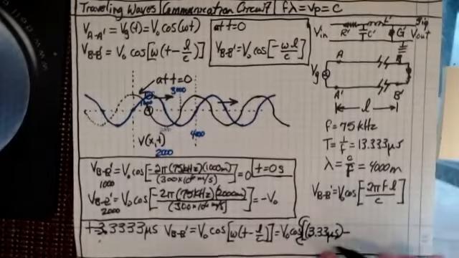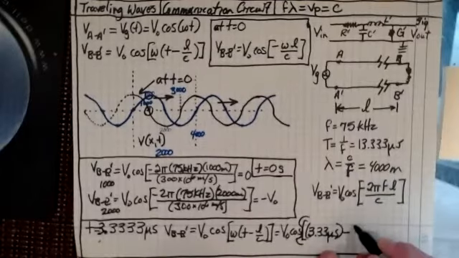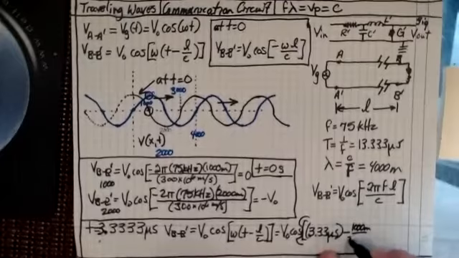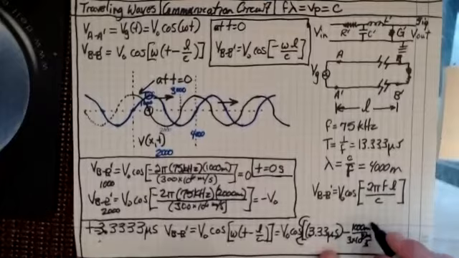Because I've got to multiply this by omega. Minus L, which is 1,000 meters, over C, which I'm just going to put as 3 times 10 to the 8 meters per second because it's shorter. All right, so we've got that.